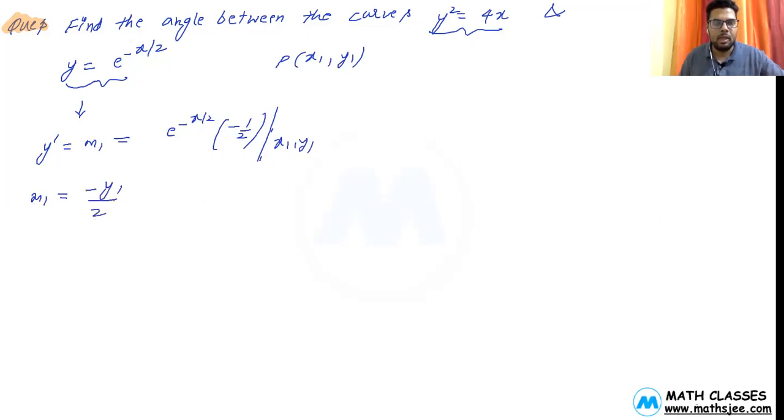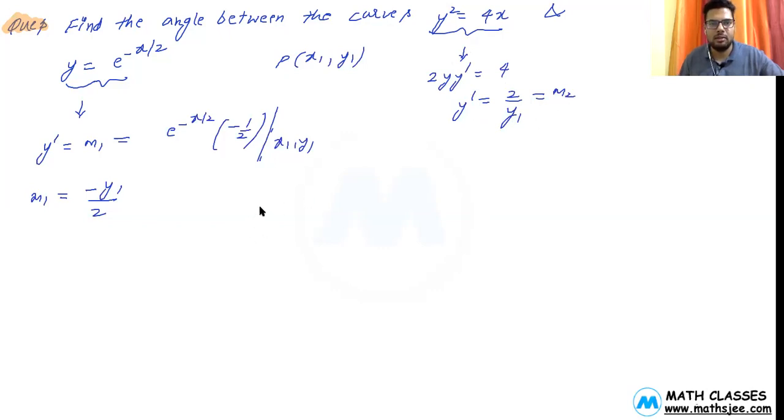by 2. Now if we talk about this, differentiate: 2y y dash equals 4. So y dash equals 2 by y. And since we want to find out the derivative at x1 comma y1, so y dash will be 2 by y1. So now this is the m2.